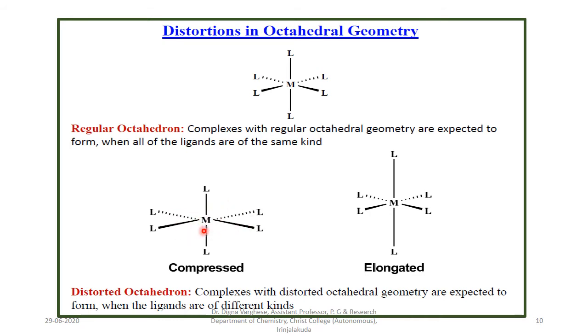So a distorted octahedral system is due to the compression of the ligands on the z-axis. There is another type of distorted octahedron by the elongation of the ligands on the z-axis. These two distortions can be expected to form when the ligands are of different kinds also.